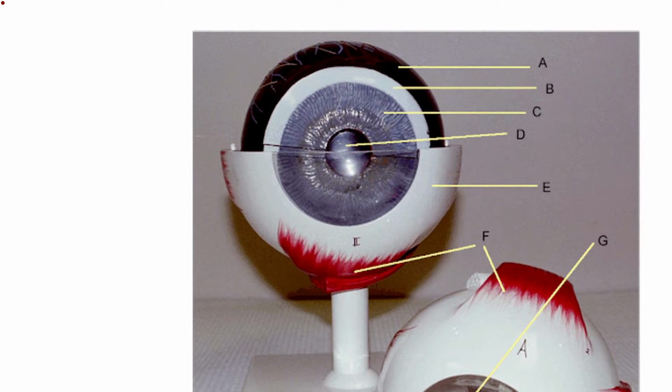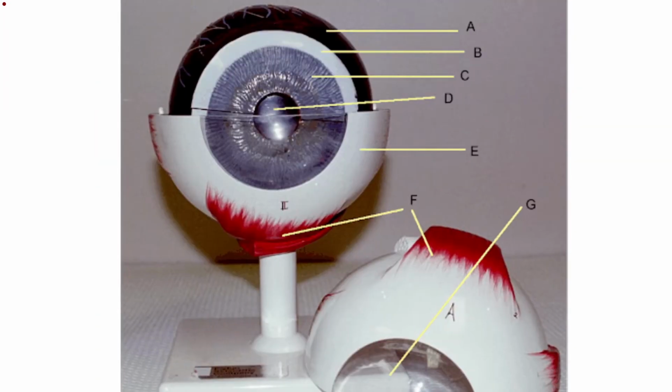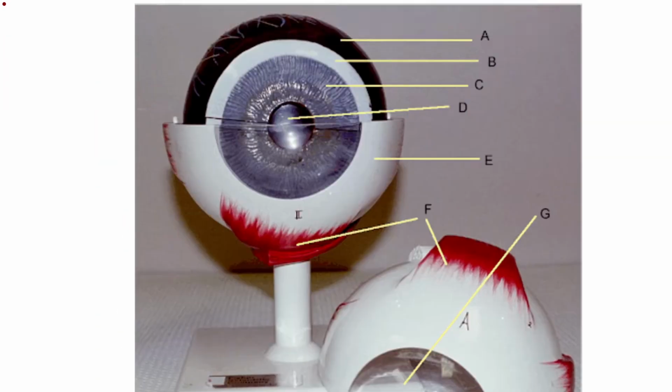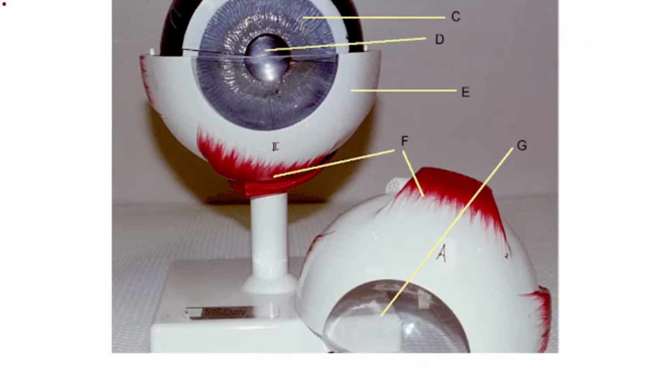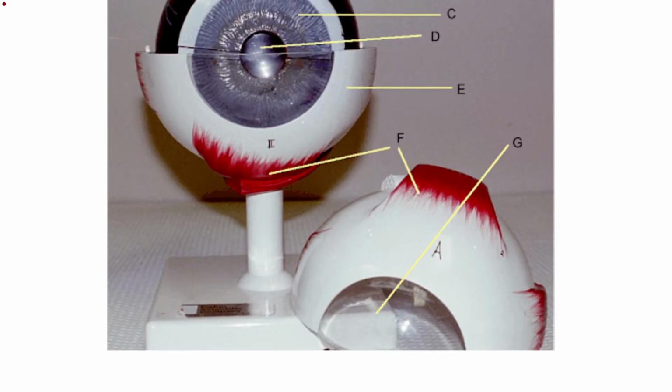Okay, so now let's look at the parts of the eye. I guess we can go with this labeling. Let's start with the piece that's been removed. So this piece at the bottom would have been sitting on top here.